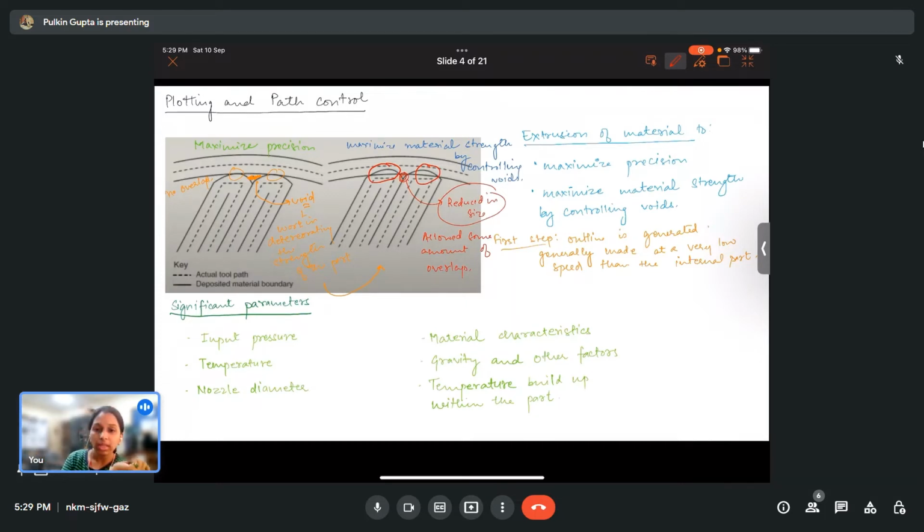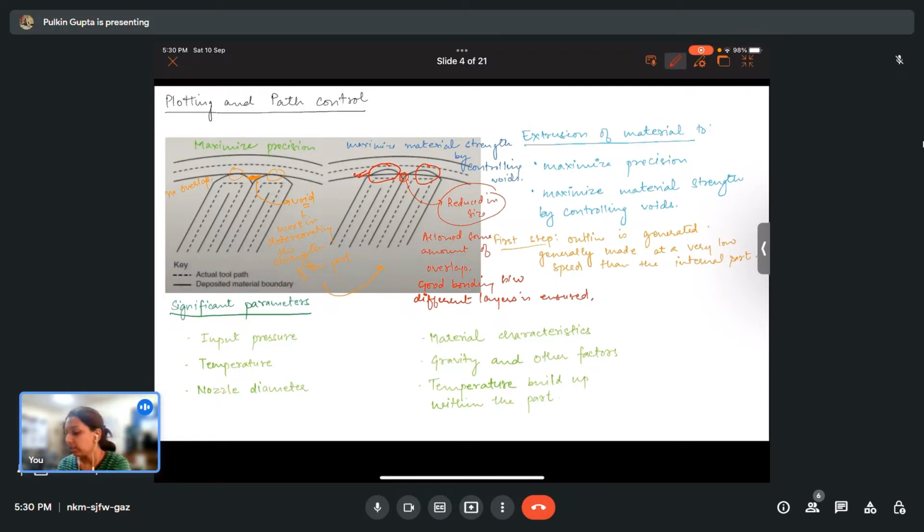Okay, so when they are allowing this kind of overlap, at these places good bonding between different layers is ensured. And this good bonding ultimately results in better mechanical strength.